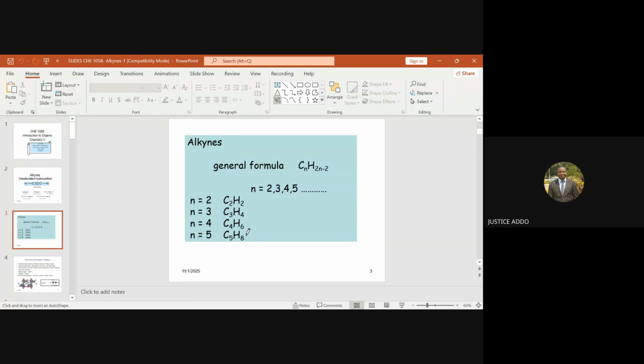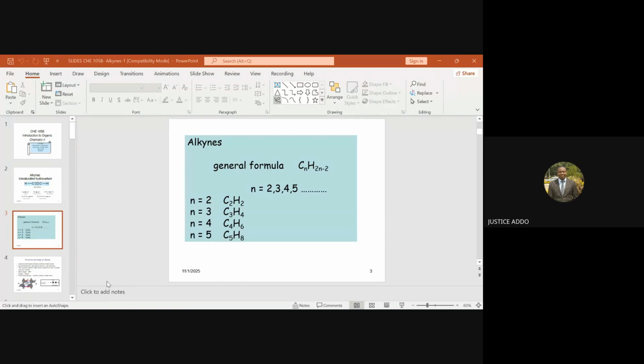Can somebody give me the formula for an alkyne when n is 8? C8H14. Good. What about when n is 9? C9H16. Yes, good.